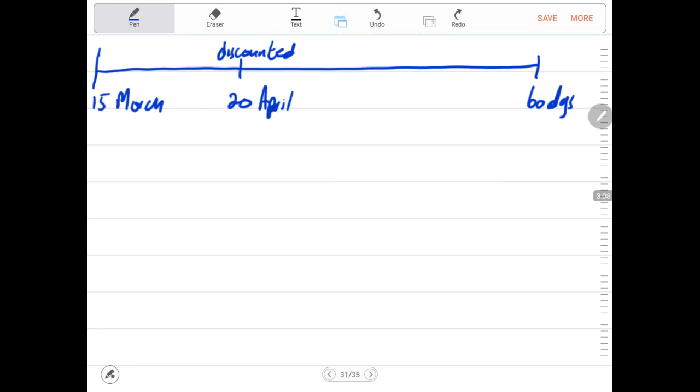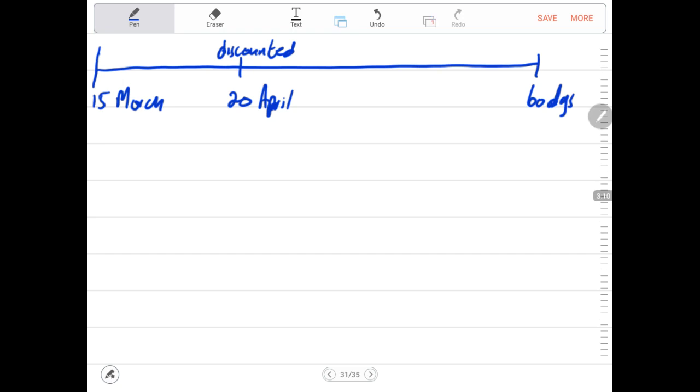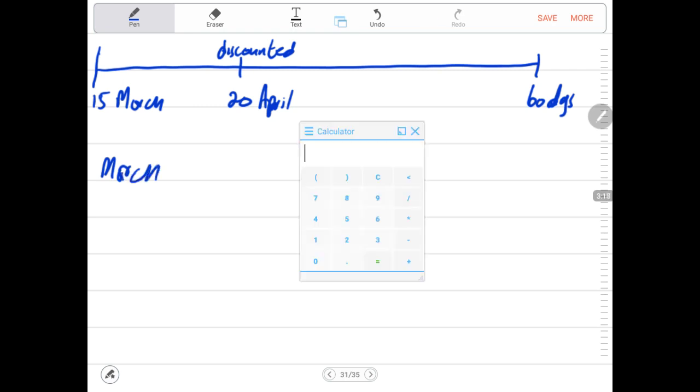We know that March has 31 days, so we are calculating the days for the month of March. We say 31 minus 15, starting from number 16. So there are 16 days in the month of March. Then April has 30 days. Then we go to May.